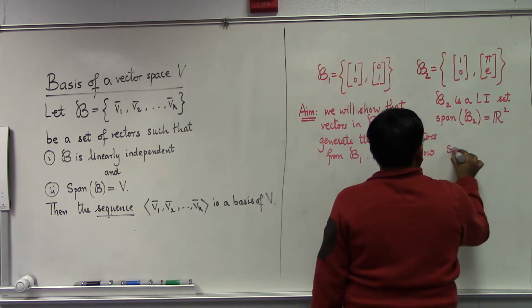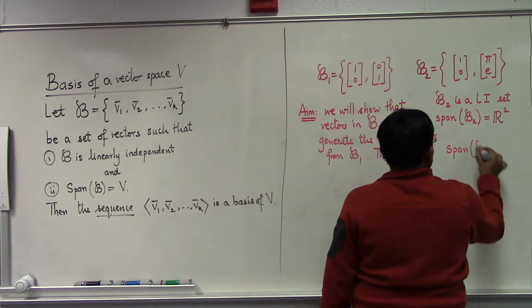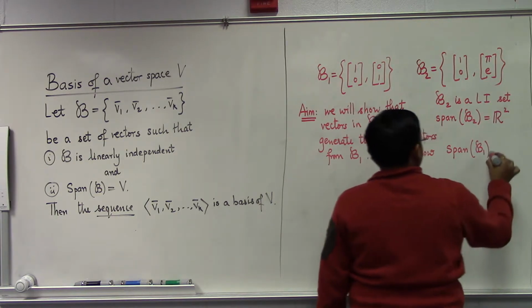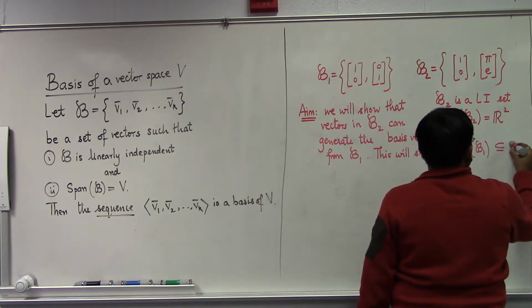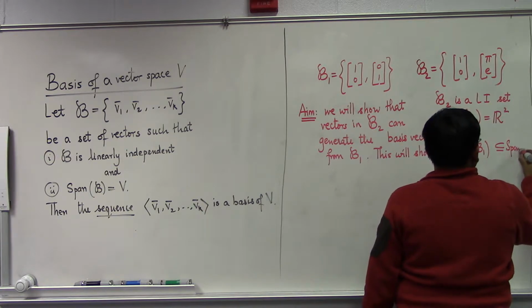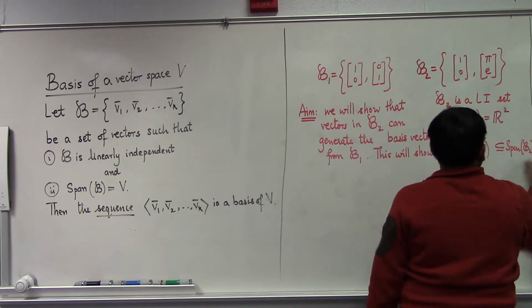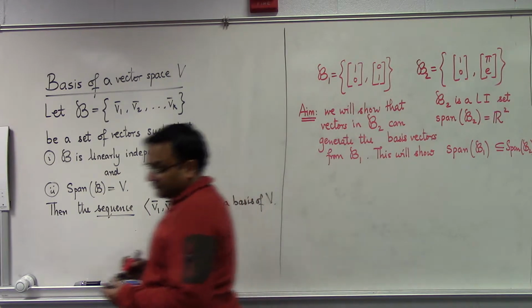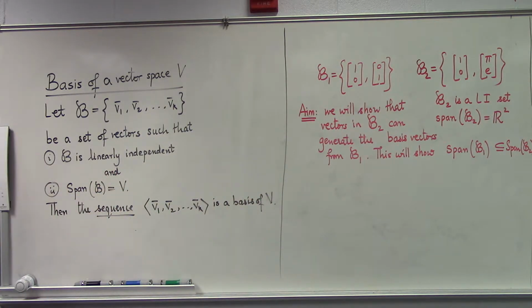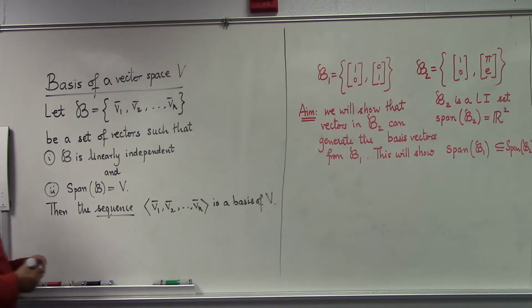So this will show that the span of B1 is going to be sitting inside the span of B2. And that will take care of what we are trying to prove. In fact, the other way span is obvious because we already know that vectors in B1 can span everything. So they can definitely span those two vectors in B2. Okay, so how do we show this?